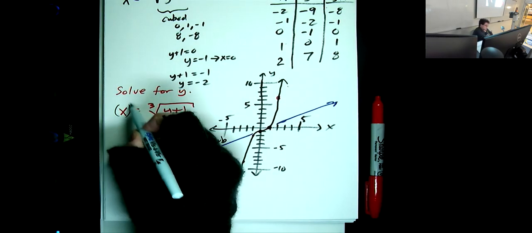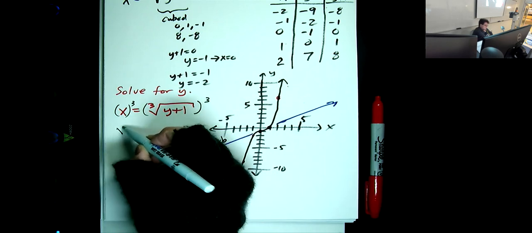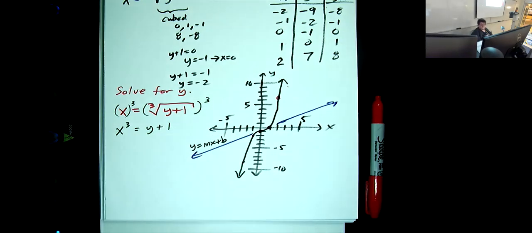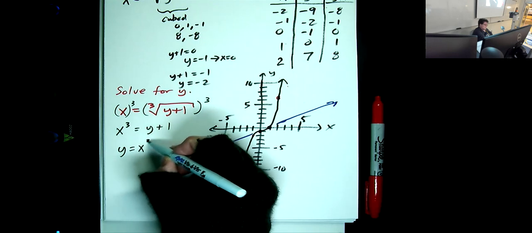I'm going to cube both sides. That gives me X cubed on the left and Y plus 1 on the right. Now, if I subtract 1 from both sides, I get Y equals X cubed minus 1.